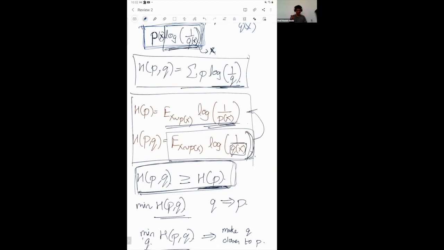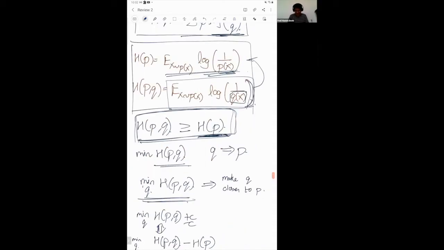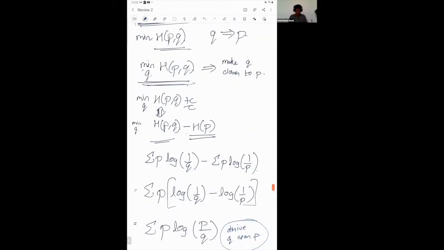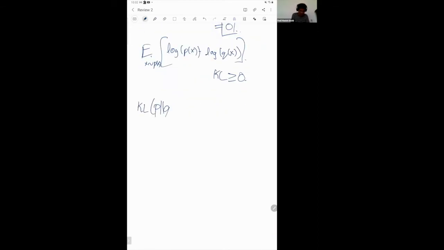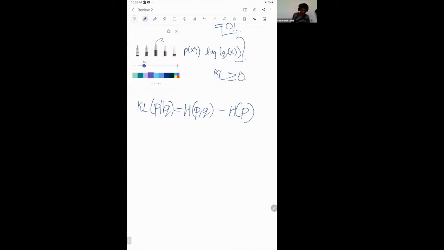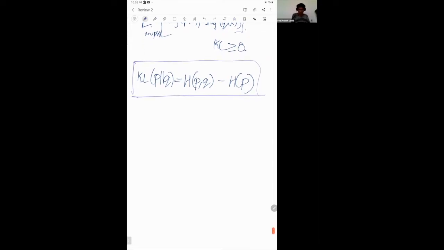Minimizing cross entropy is the same as minimizing KL divergence. Formally, KL divergence between P and Q is nothing but cross entropy minus entropy. This is always going to be true. And now, if I'm minimizing this with respect to Q, the entropy of P doesn't matter. So minimizing KL divergence is the same as minimizing cross entropy.